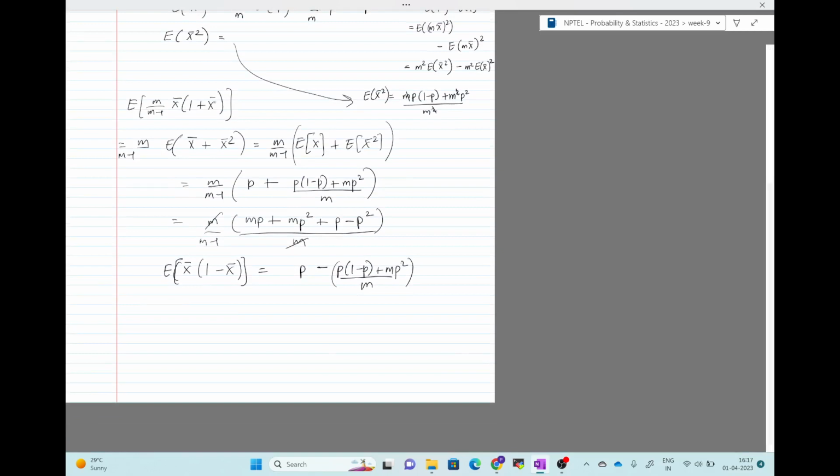It will be the expectation of x bar minus the expectation of x bar square. So this plus will become minus here.